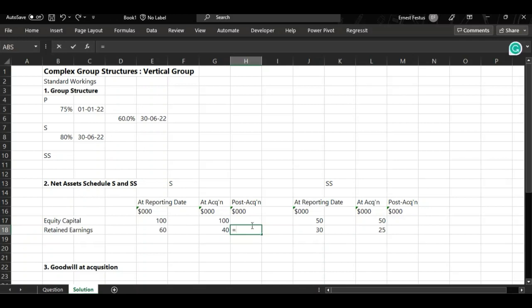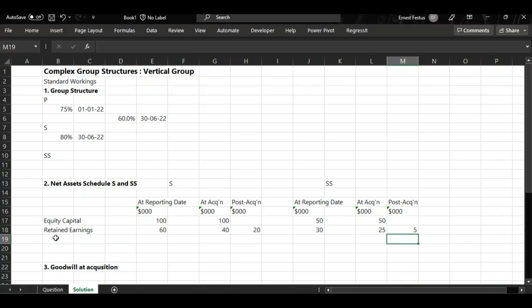So this is equal to at reporting minus acquisition, and that is 5. All right, so that is it about our net asset schedule.